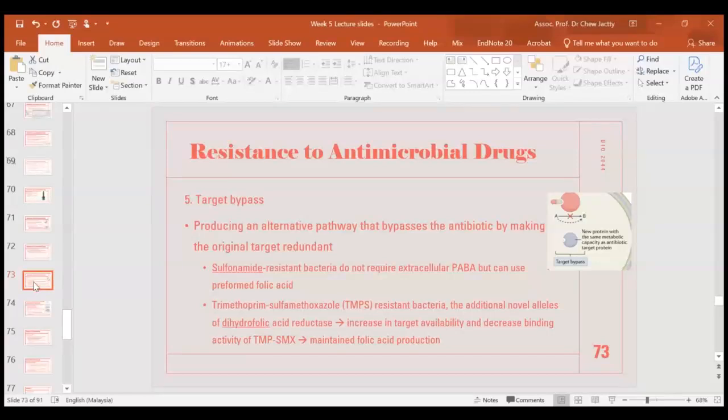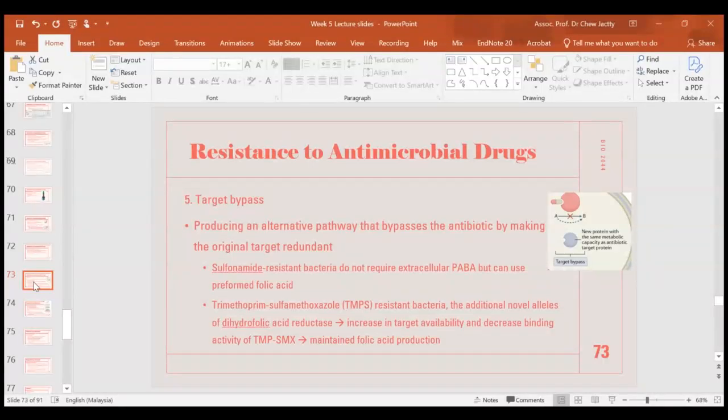To overcome that, for example, the sulfonamide resistant bacteria do not require cellular PABA anymore, and they can use preformed folic acid. So instead of synthesizing all this folic acid, they have evolved to rely on preformed folic acid that they can take in from the environment.